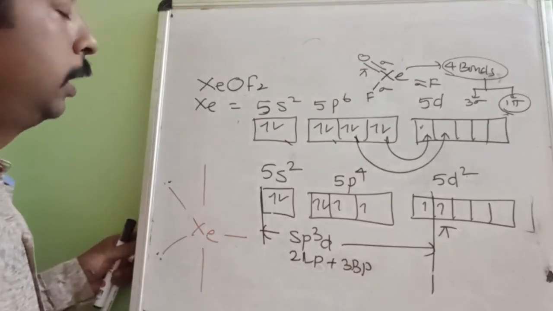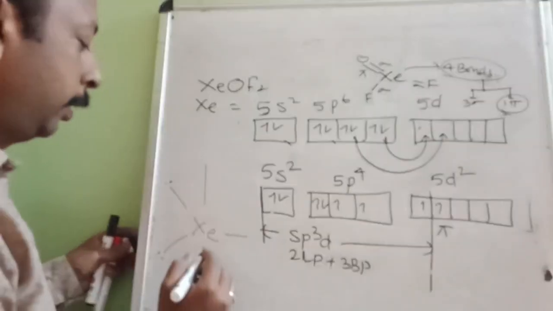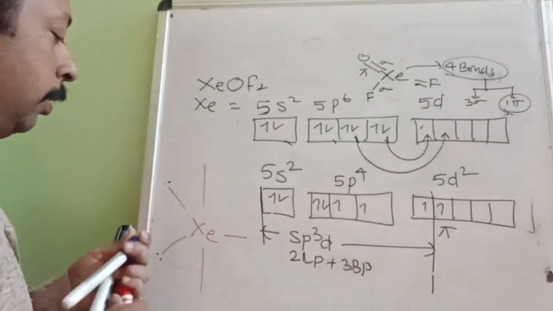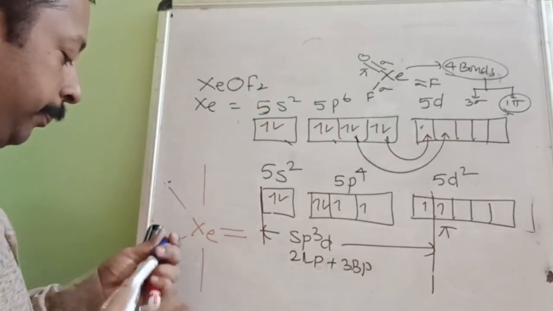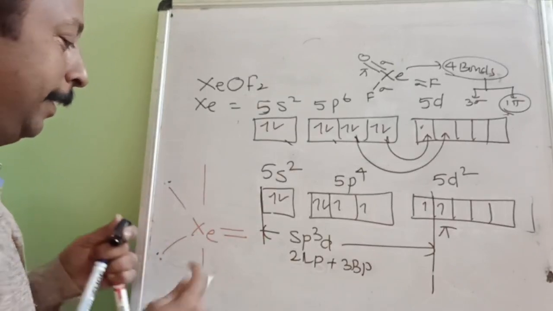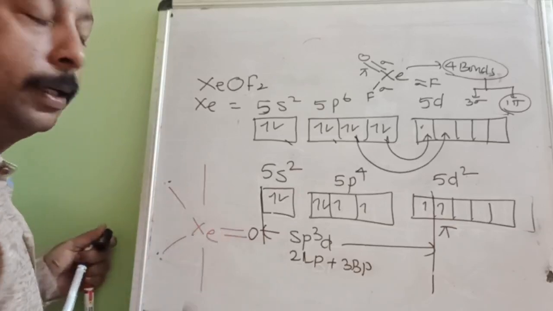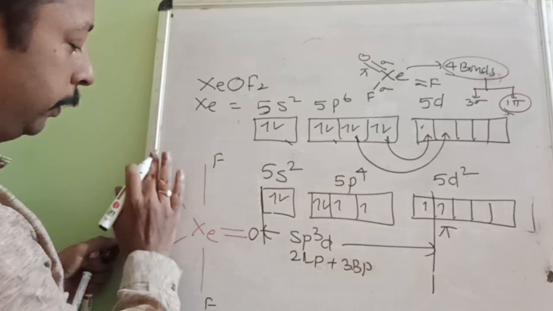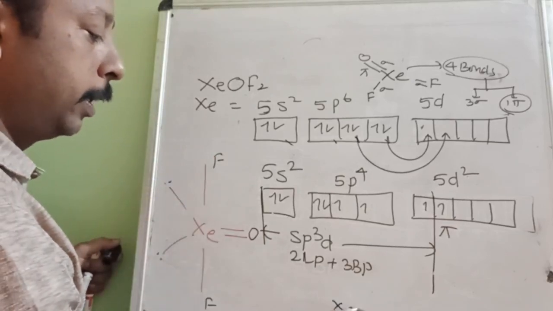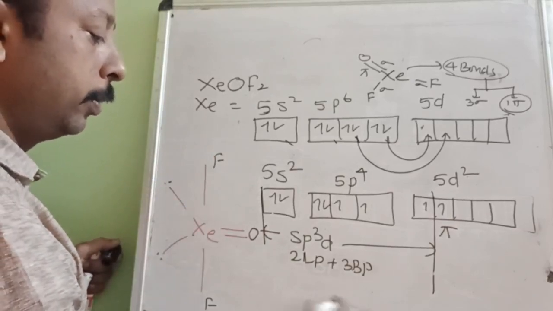Now one oxygen and two fluorine. For beautification, I will make this a double bond and arrange oxygen here, fluorine here, fluorine here. Okay. So without this, it appears like this or not?